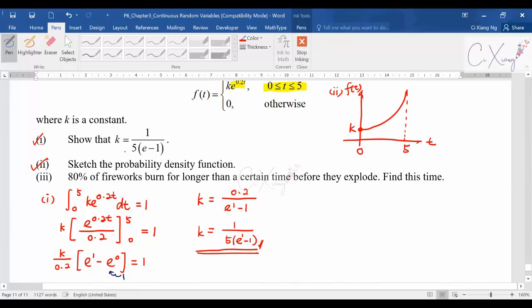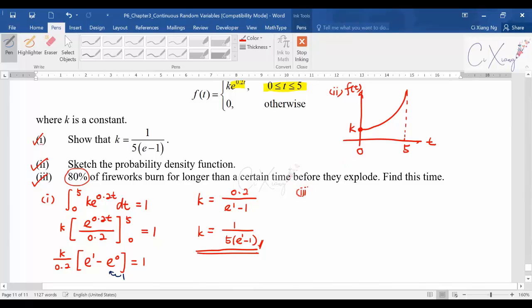So again, you will see that you actually need to memorize the graph for e^x, or maybe e^(-x), and so on. Then here they say 80% of fireworks burn for longer than a certain time before they explode. So find this time.